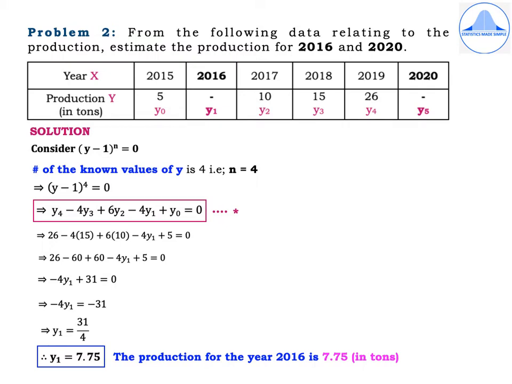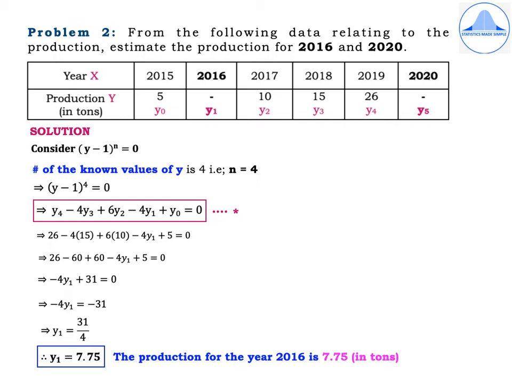Substituting the values of Y from the table, we get 26 minus 4 into 15 plus 6 into 10 minus 4Y1 plus 5 is equal to 0, which implies 26 minus 60 plus 60 minus 4Y1 plus 5 equal to 0, which implies minus 4Y1 plus 31 is equal to 0, or minus 4Y1 is equal to minus 31.